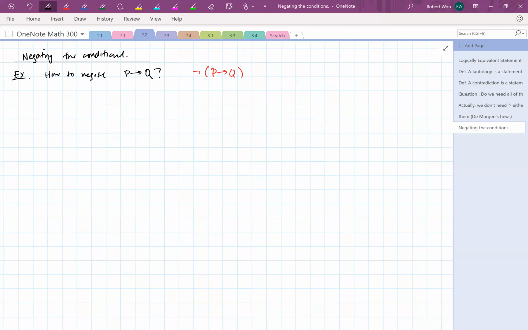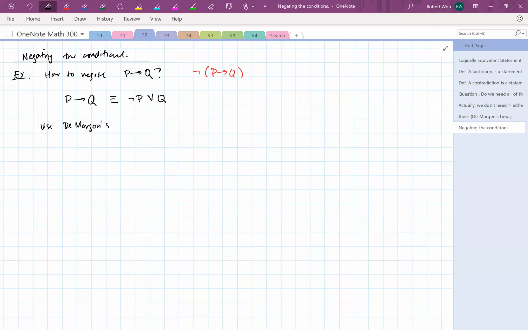But we have some tools at our disposal, right? So we saw that if P then Q is logically equivalent to not P or Q. To say that the conditional is true means either the hypothesis is false or the conclusion is true. Which means that if we want to negate if P then Q, we can just negate the right-hand side, which is an or statement. So I can use De Morgan's laws.